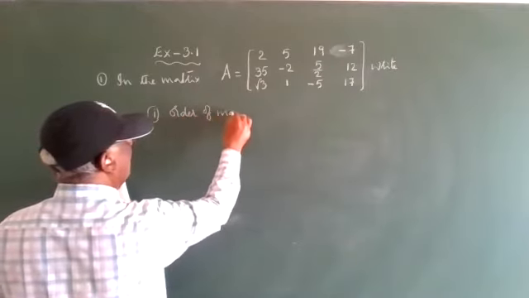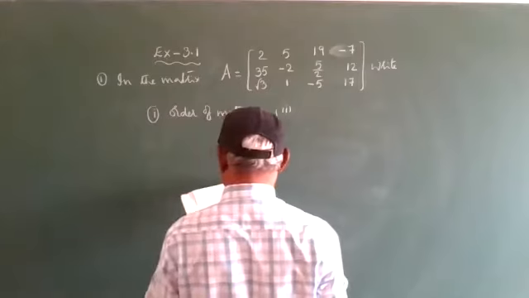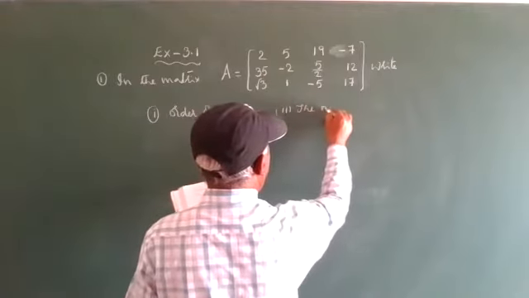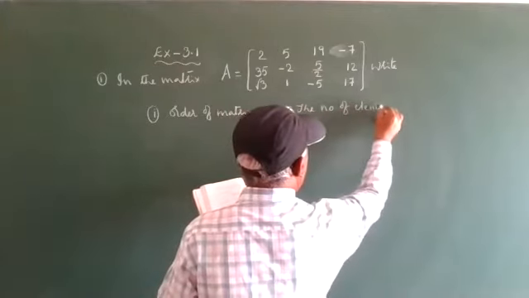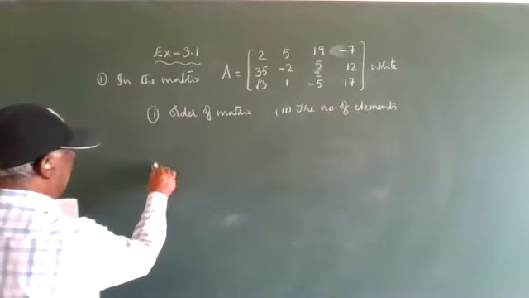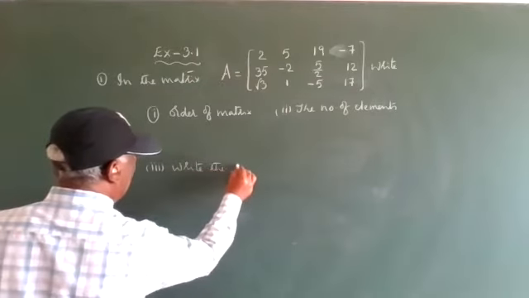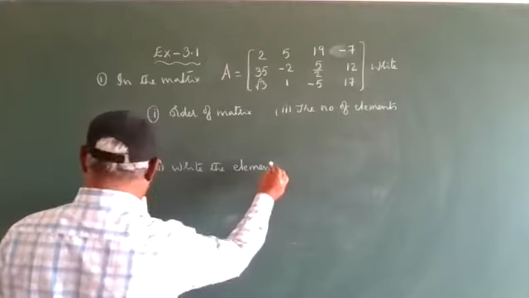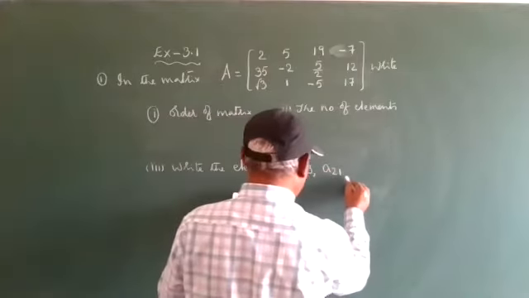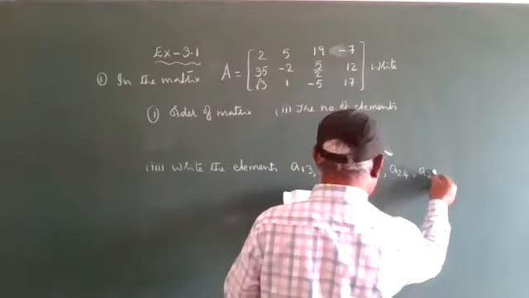The second bit is the number of elements in the matrix. The third bit is to write the elements: the first row third element, the second row first element, the third row third element, the second row fourth element, and the second row third element are required.